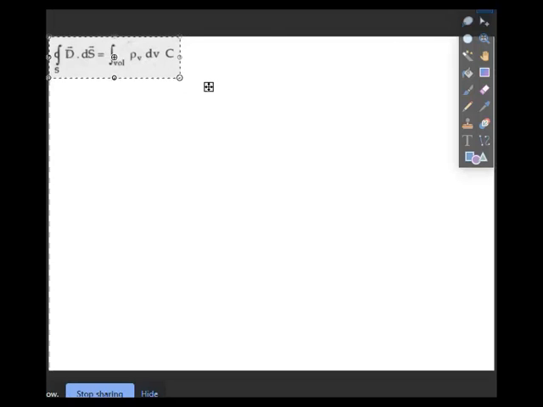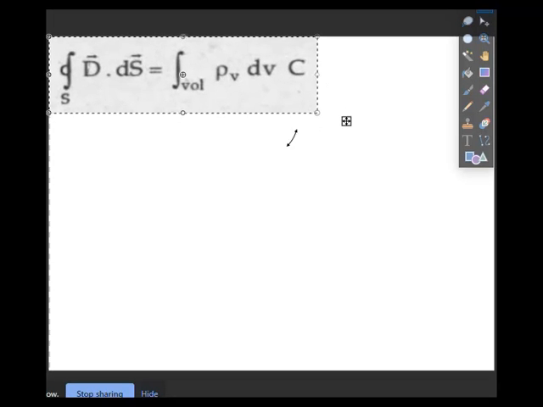This expression states that the total electric flux, where D is the electric flux density, when integrated over a closed surface, gives the total flux. So it indicates that the total electric flux leaving the closed surface is always equal to the total electric charge.